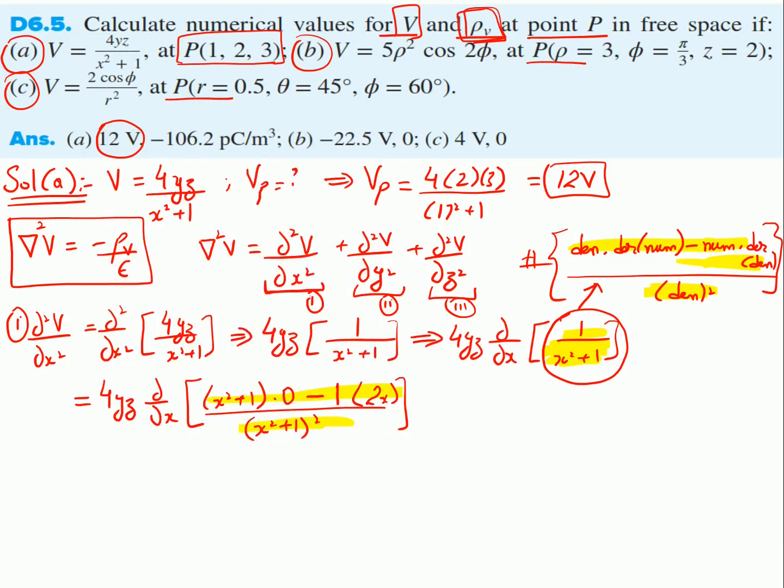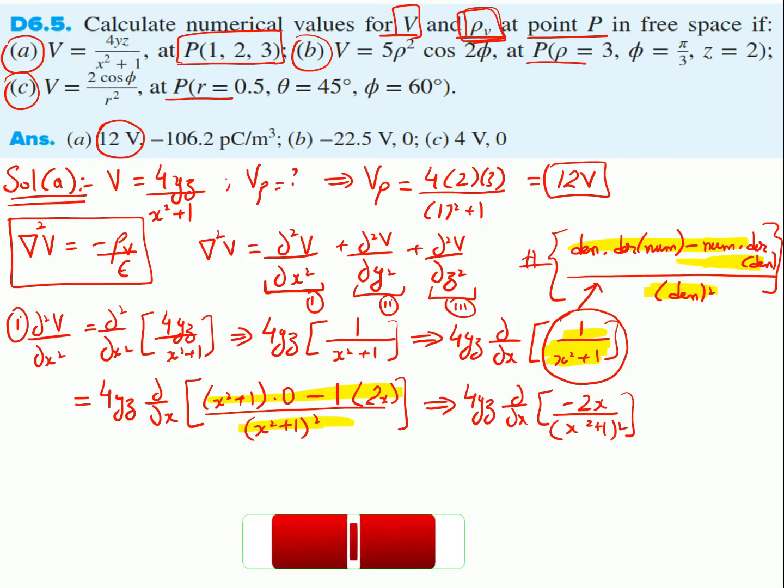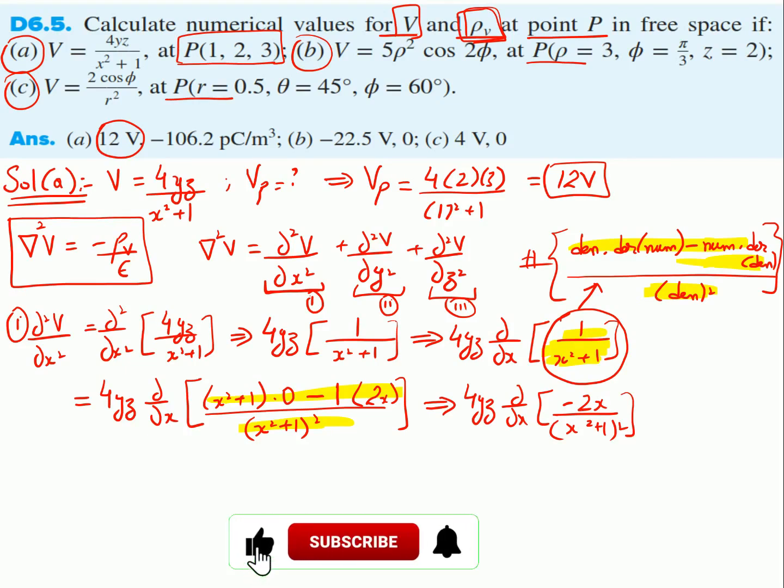So now the derivative comes out to be 4yz, and it is going to be the first derivative, which is minus 2x divided by x square plus 1 whole square. Okay, so once you have this, again we can use the expression to get the second derivative.